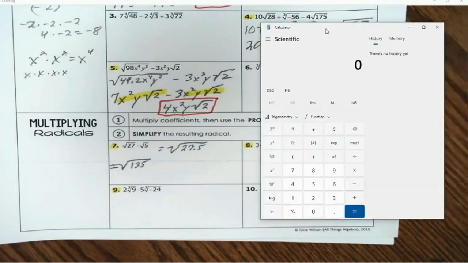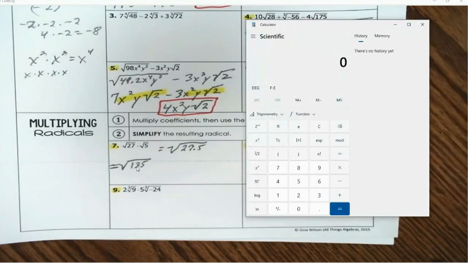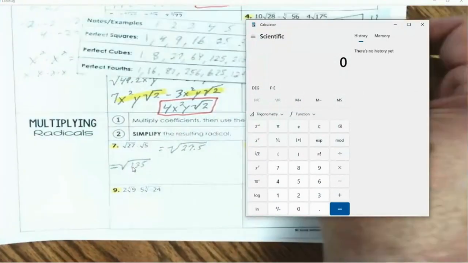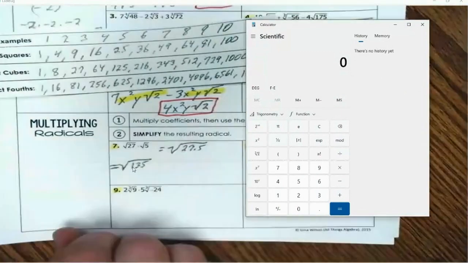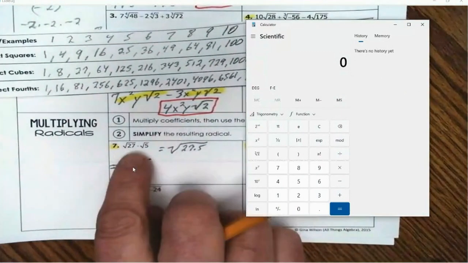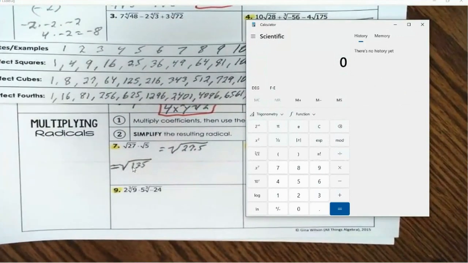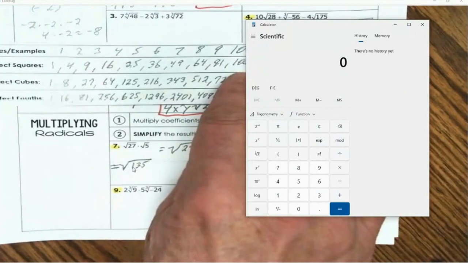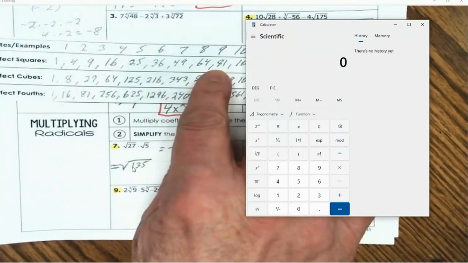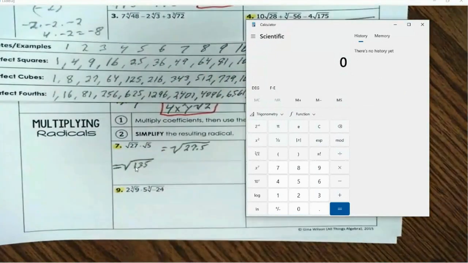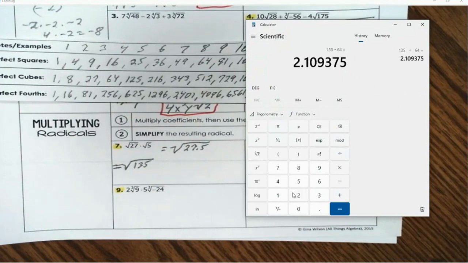So remember how to do this. If you don't know instantly what perfect square comes out of that, these are square roots, we'll try dividing it by the biggest number possible that we can. So 100 is not going to work, 81's not going to work, 64 not going to work. We can do 64 if you want to see it. 135 divided by 64, that's 2.1. That doesn't work. So let's try 135 divided by the next one, 49.